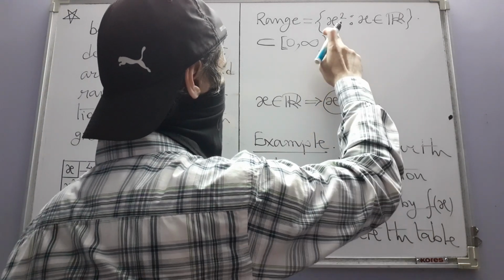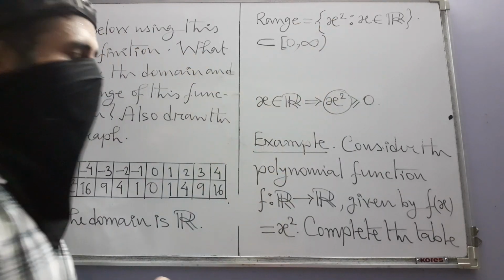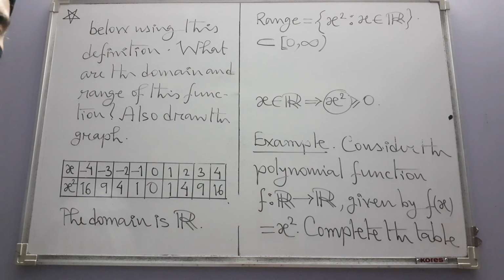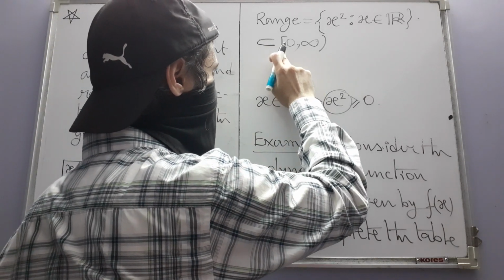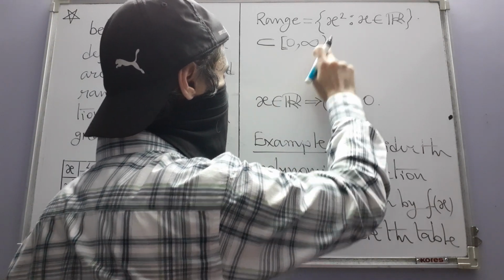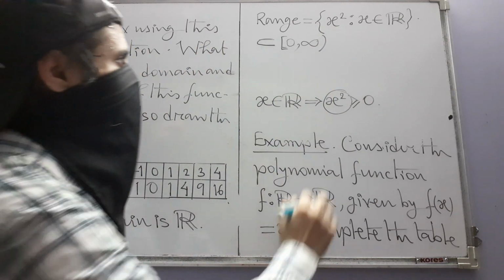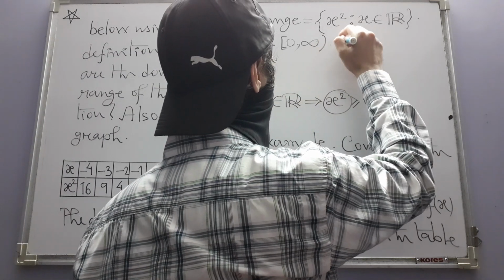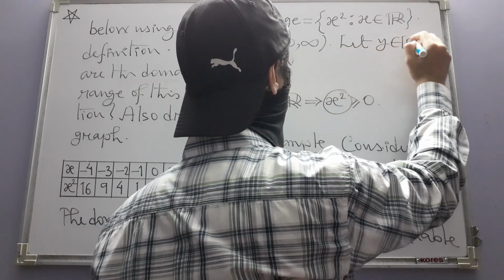But can we say that this is not just a subset of this but actually equal to this? Yes, that is true. But for that you also have to show that any element here also belongs to this set. How can you do that? Let me just take any element y here.